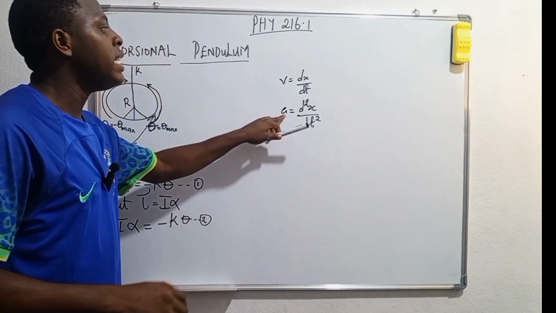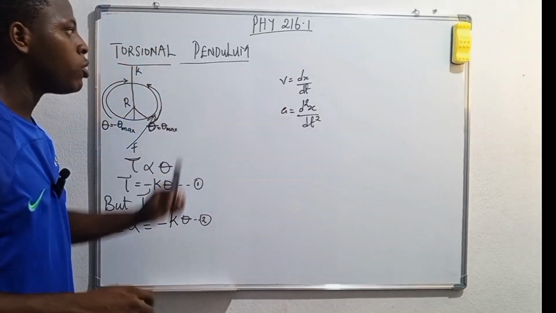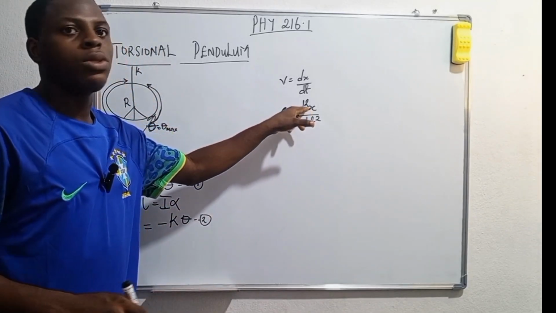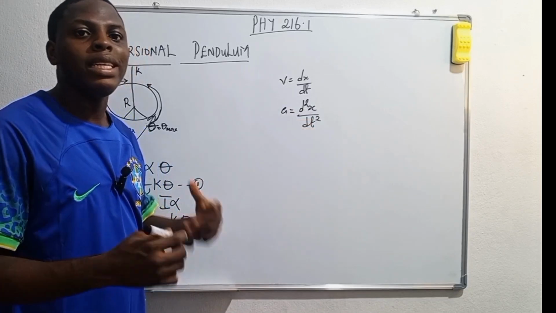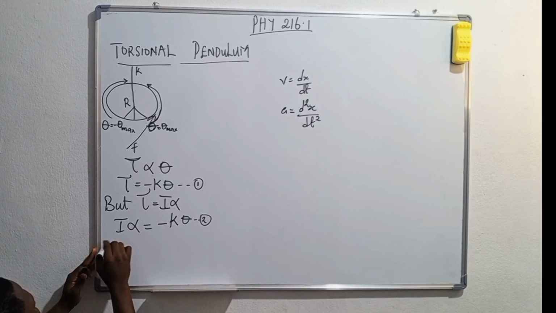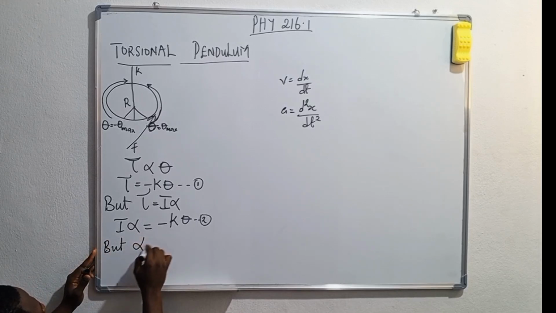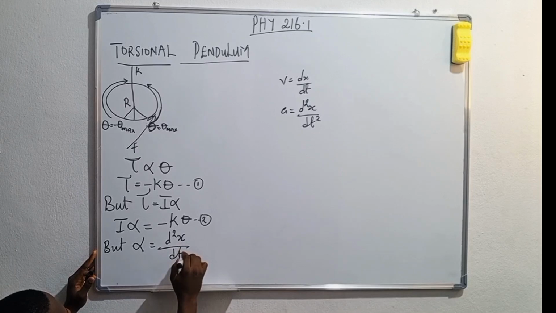So in this case, where we see alpha, we are substituting d square x over dt square, because it is acceleration.